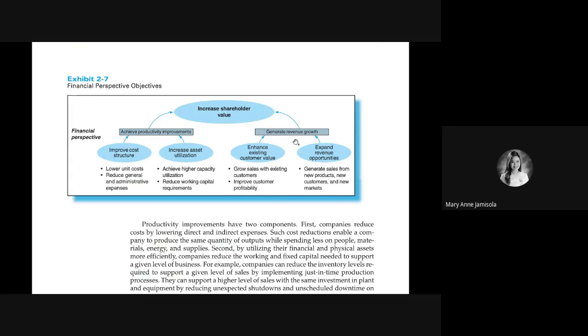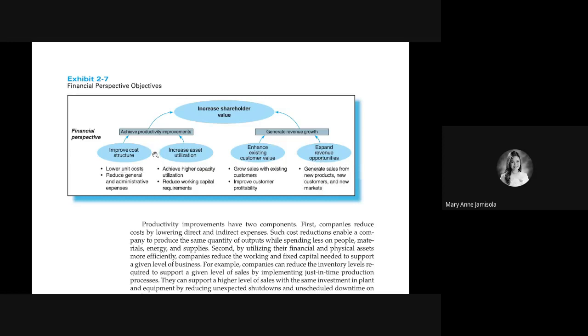So for example, if you want to generate revenue growth, we can expand our revenue opportunities. And how do we do it? We want to generate sales from new products, so we also want to introduce new products so that our revenues are higher. Or do we want to gain new customers and maybe expand our business to new markets?